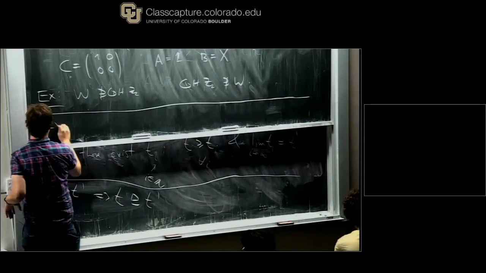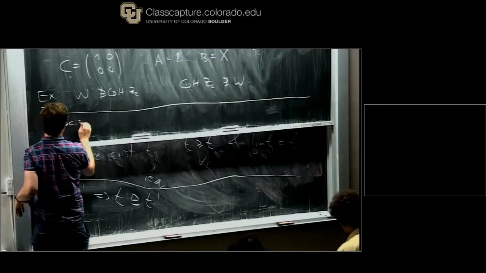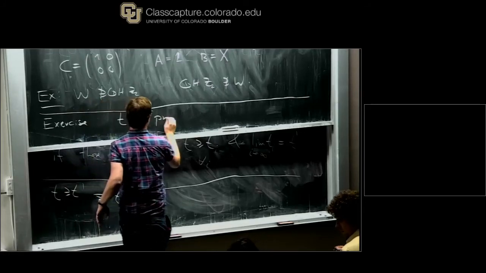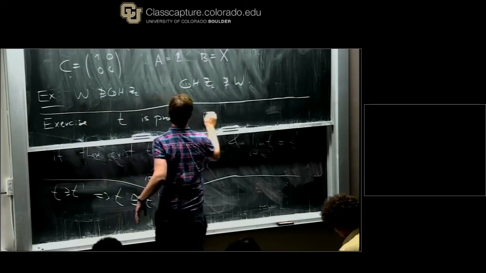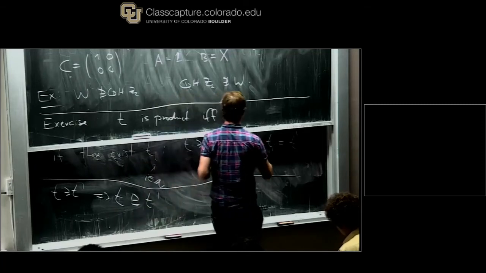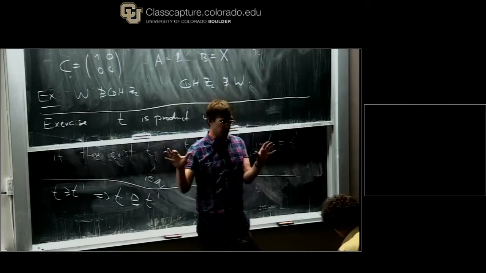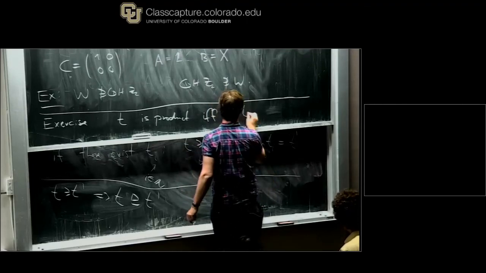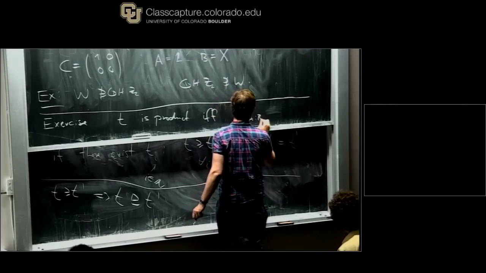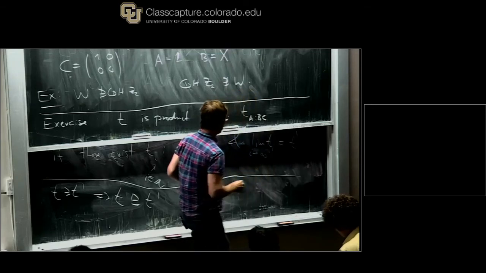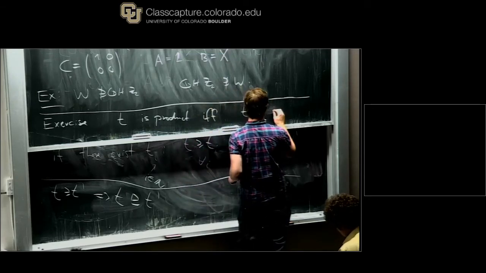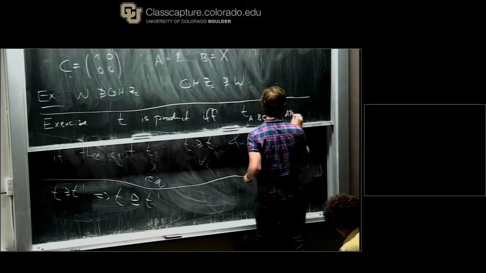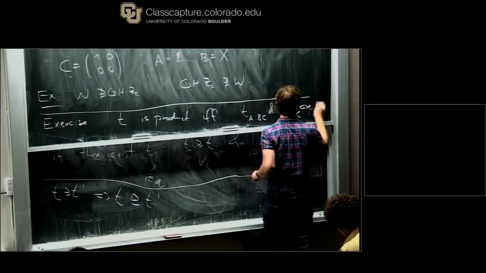So this is the exercise: show that T is a product if and only if, when you group 2 of the particles together, say particle B and C, and when T, A, B, C are both product.